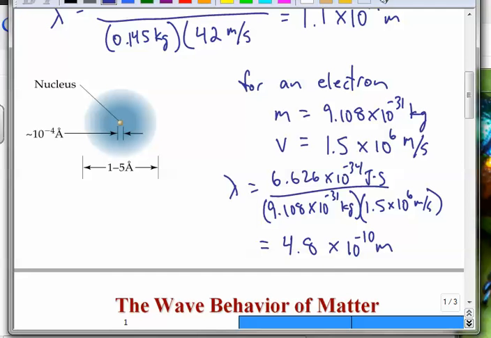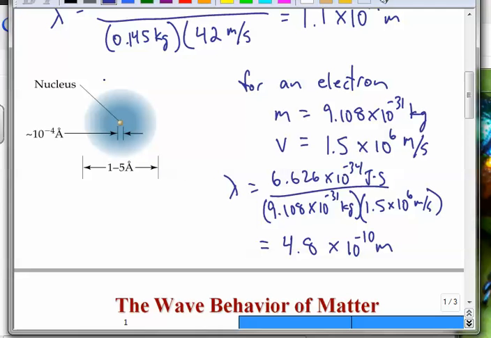And now when we think about this wavelength, and whether or not it will affect the behavior of this electron, we go back to our understanding of our atomic model, right? We know that the nucleus is much larger than an electron, right? A proton is on the order of 1,800 times more massive than an electron. So an electron is really small compared to a nucleus, and your typical atom runs in the range of 1 to 5 angstroms in diameter, right?